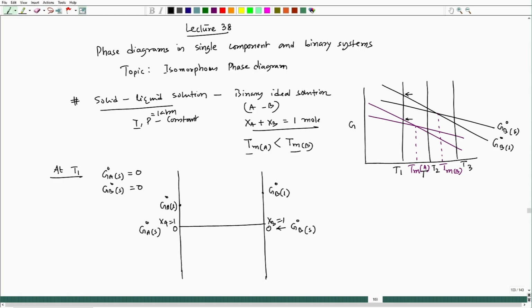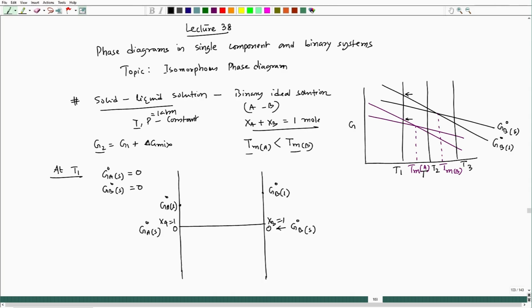And whether I am taking solid solution or liquid solution, the governing equation will remain same, G2 equal to G1 plus delta G mix, where G2 is the solution free energy, G1 is the unmixed condition for A and B, and delta G mix is the mixing free energy.